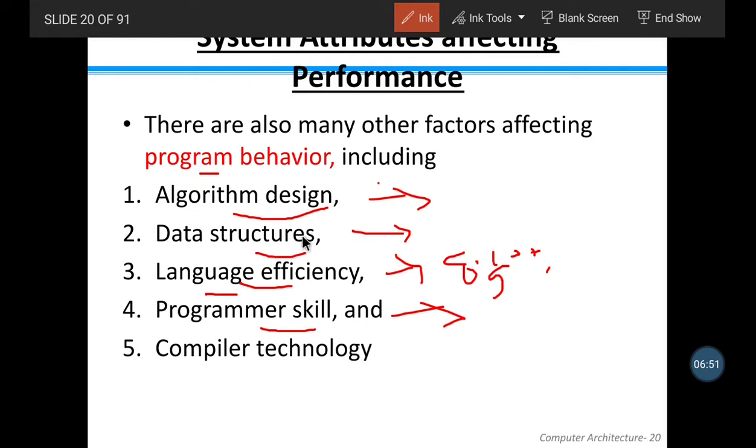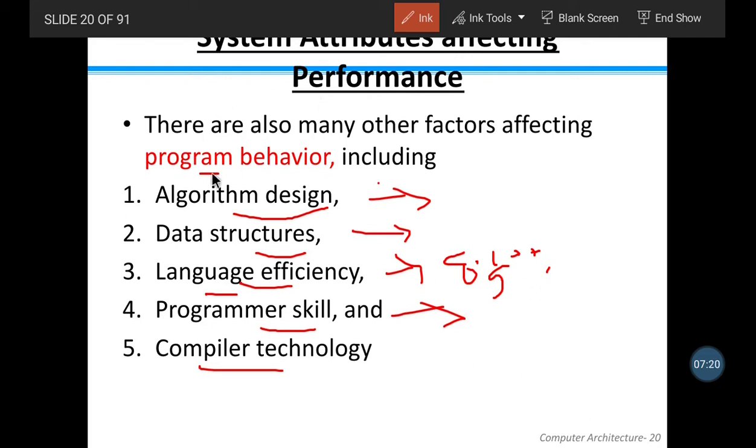If you're strong in this, you can learn a language. A language will take some time, but these two are very important because they will decide the efficiency and performance of the system. Okay. And compiler technology, so whatever you write in a high-level language has to be converted into low level. So for that, again, compiler technology also affects the performance.